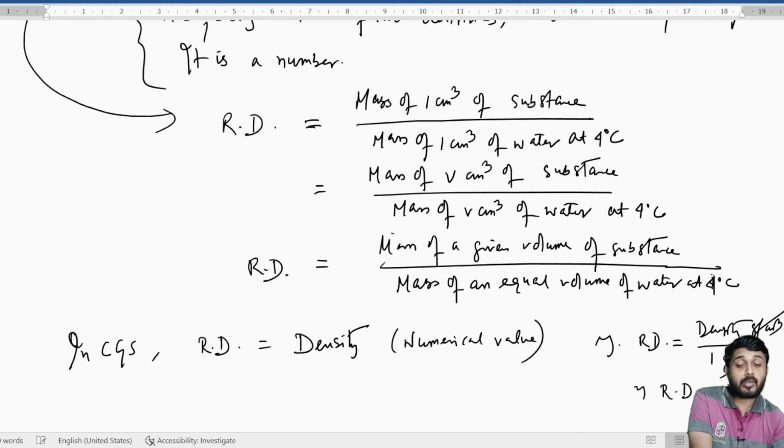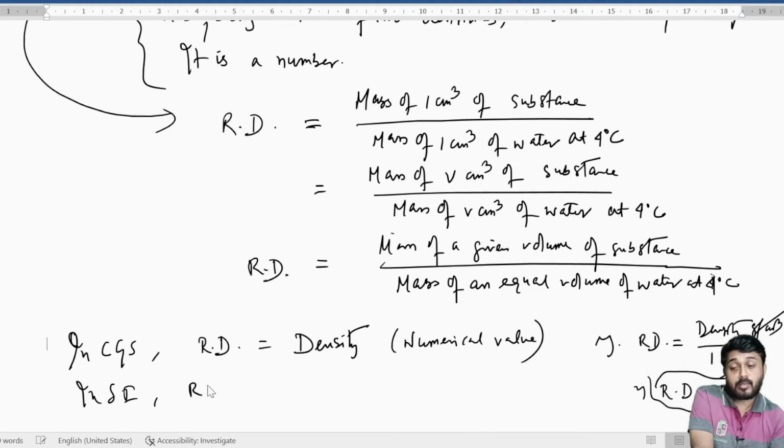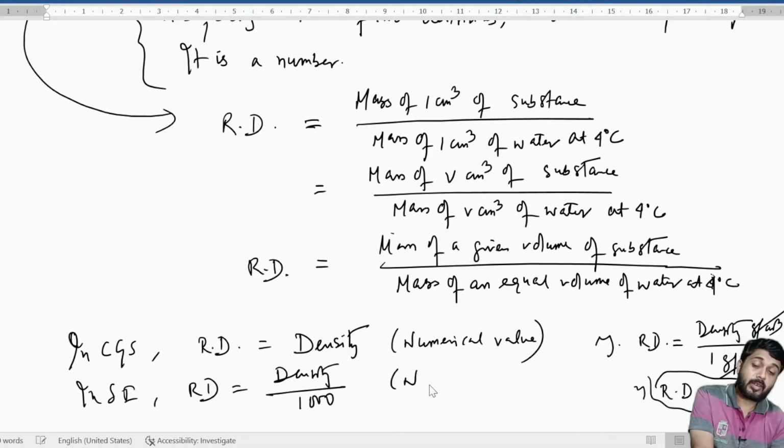RD equal to D, a density. Keep it in mind, in CGS system relative density and density both have the same values. But in SI, RD equal to density by 1000, numerical value. Why?